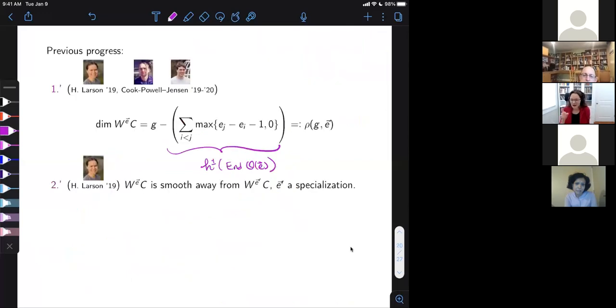Okay, so now to answer the question about dimension. It also explains some local behavior. This is a result of Hannah Larson from 2019 and Kaelin Cook-Powell and Dave Jensen from 2019 and 2020.